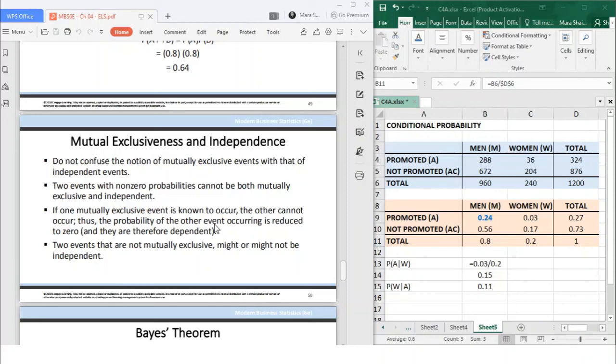So, two events that are not mutually exclusive might or might not be independent. It would depend, so you just have to read carefully what kind of event it is. That's why I highlighted that you should first master the assigning of probabilities, so that you can better understand the relationships and the conditional probability.